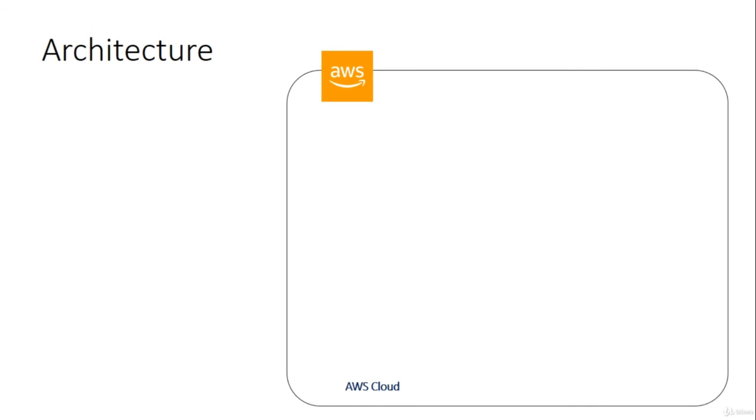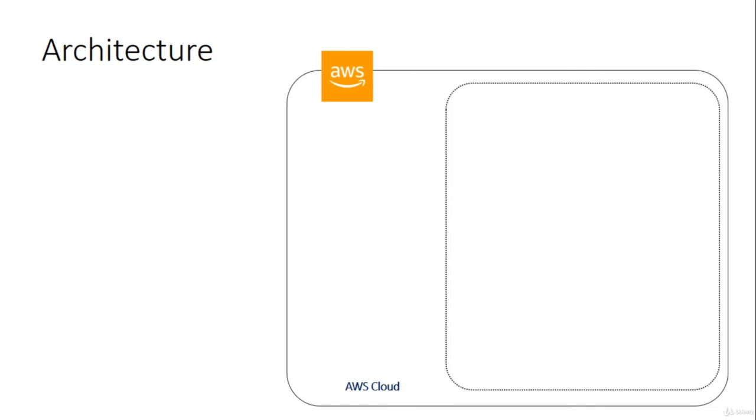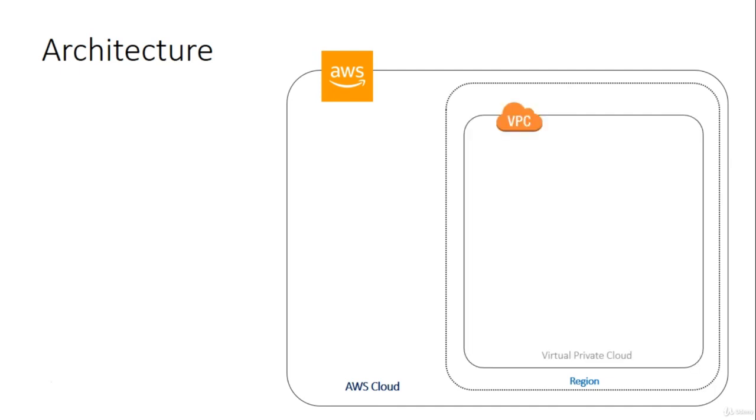This is the AWS cloud, and here's a particular region, and in this region we have got a VPC, that is virtual private cloud. Then we have got two Amazon EC2 instances running in this VPC, and we have got one application load balancer inside that VPC.